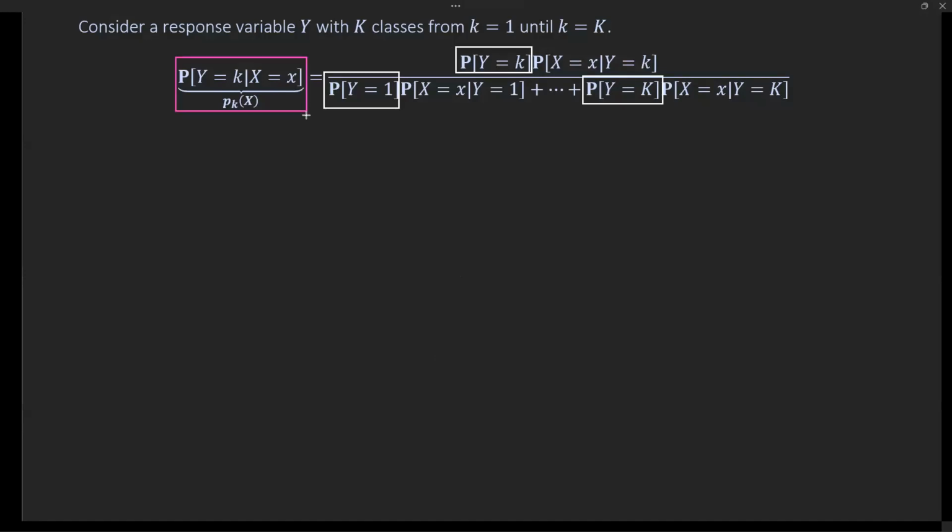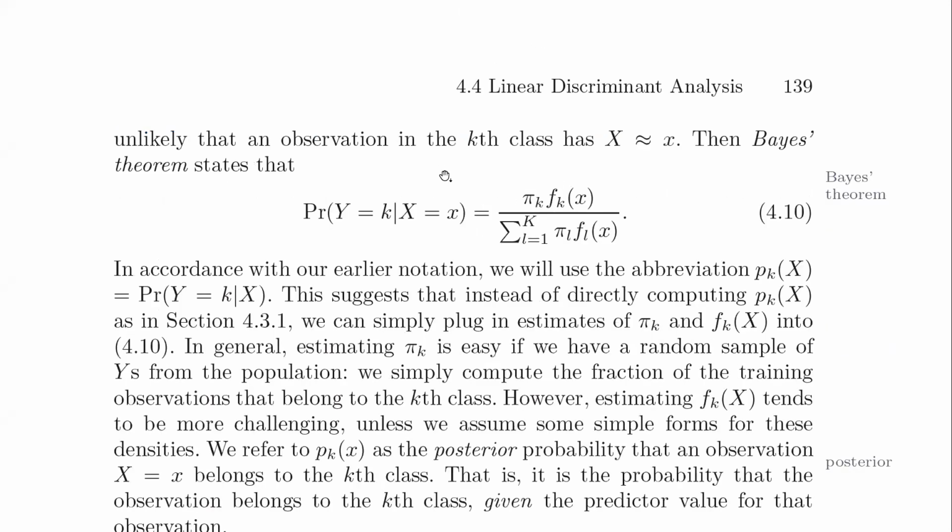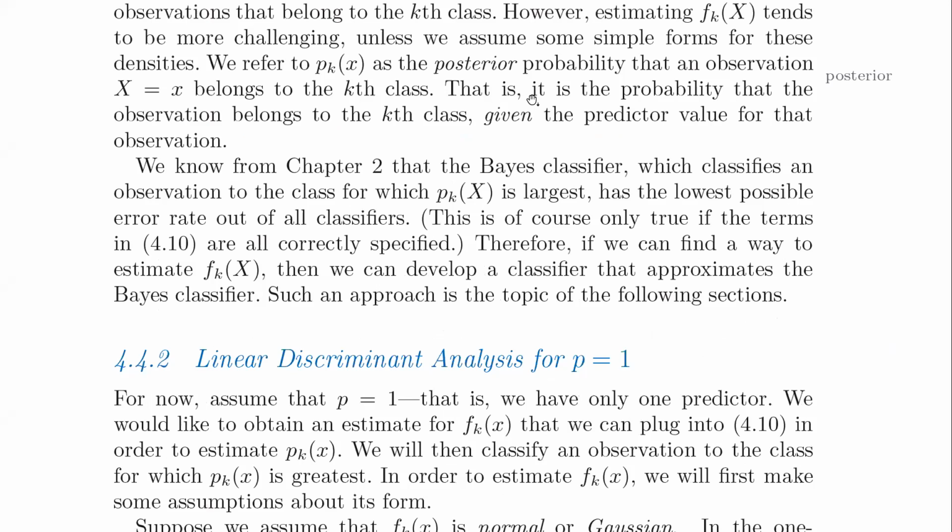Whenever you're making use of Bayes' theorem, this is your posterior probability. So the whites are your priors, pink is posterior. That is, the posterior is the probability.